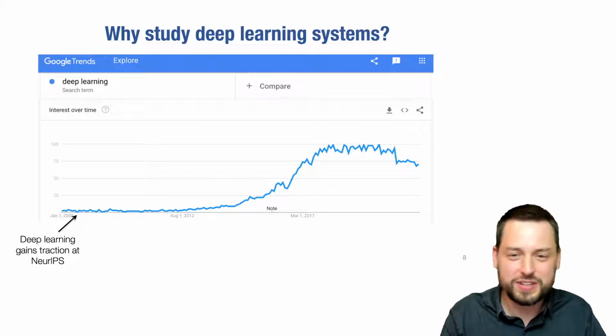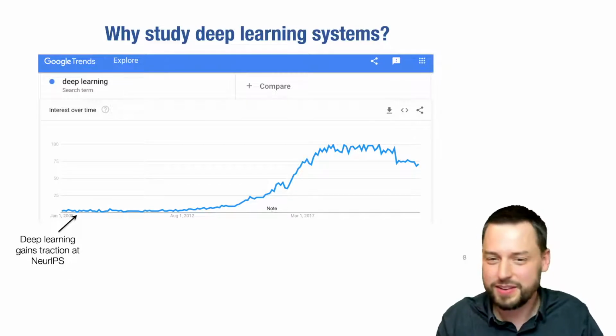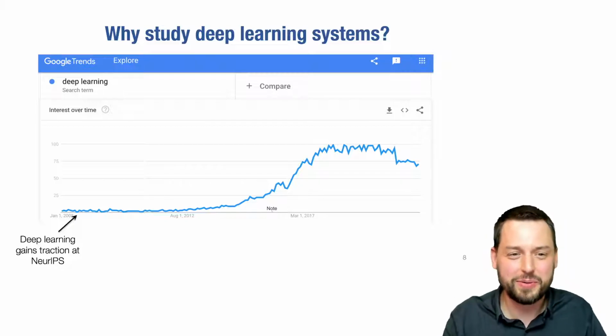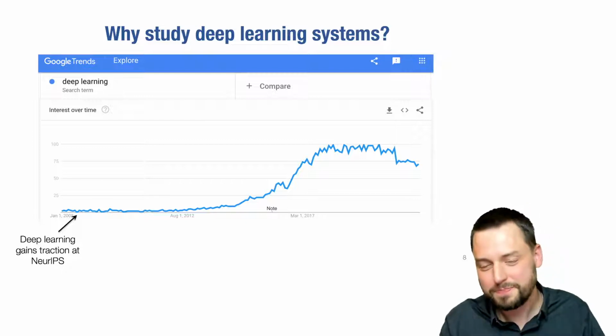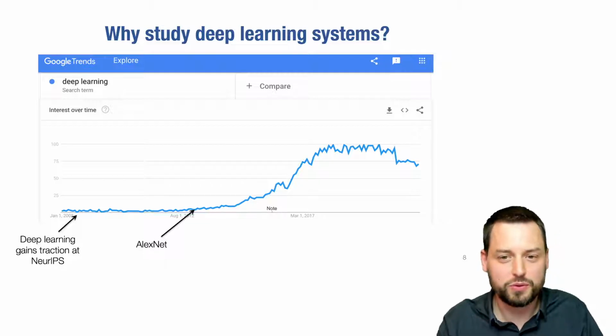Still, as measured by Google Trends relative to the current day, there wasn't a whole lot of interest in deep learning. It was just an academic trend like many others that you've probably not heard of because they were 15 years old and no one's using them anymore. Then in 2012, as I mentioned, the AlexNet network was released.